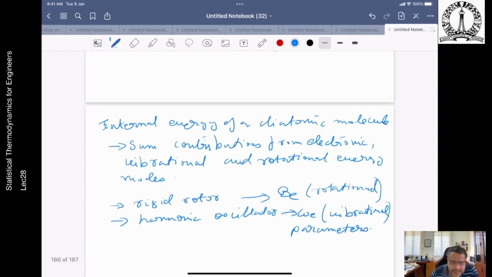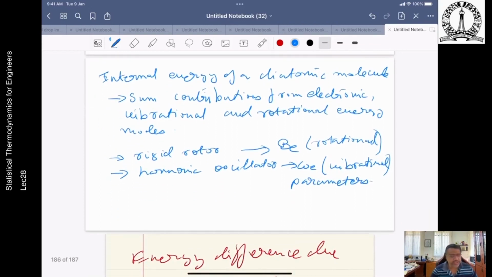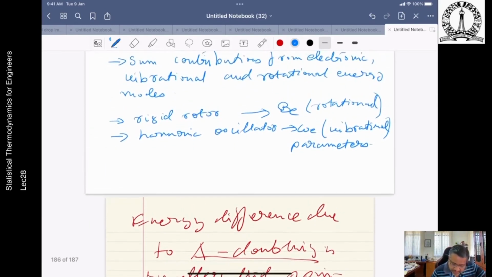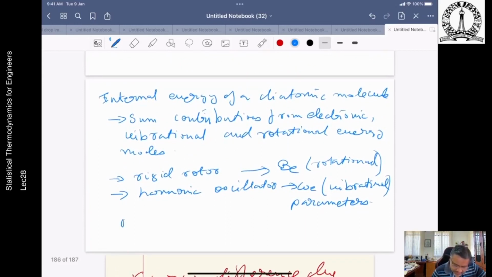Now if you recall the equations that we already did, let me write them down here for convenience.